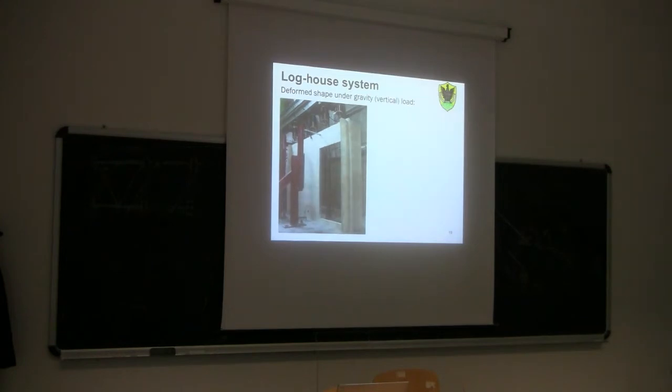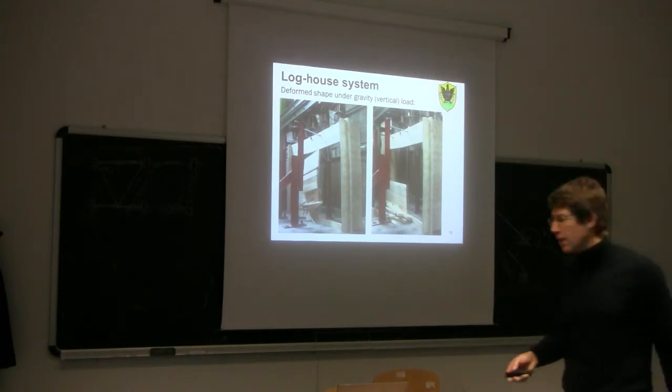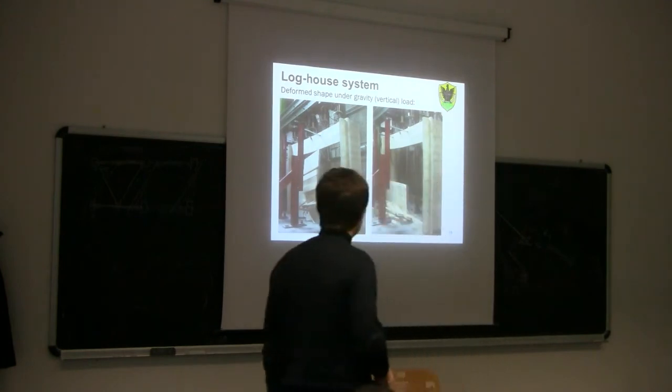You see, as we increase the load, you can see immediately this problem of out-of-plane buckling. Then you continue, it gets more and more pronounced until the end. So the failure occurred here. You can see those steel profiles that are inserted within the wall in order to increase a little bit the out-of-plane flexural stiffness.